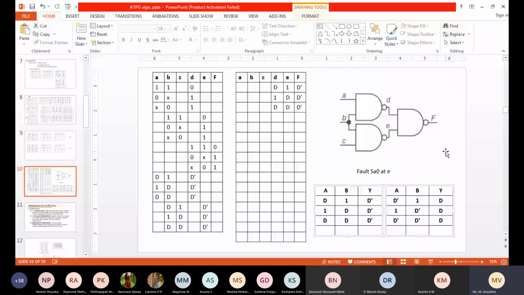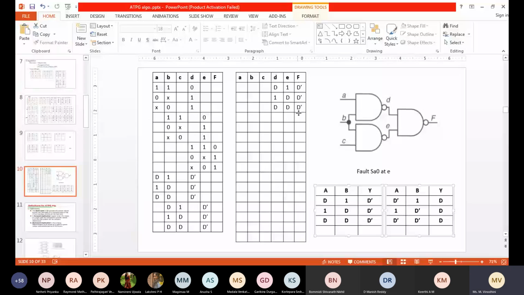In this case, I have considered the propagation D cube given in the first table: D 1 D', 1 D D', and D D D'. I have entered the first propagation D cube across A, B, and D. Similarly, the propagation D cube for B, C, E, and once again for D, E, F.